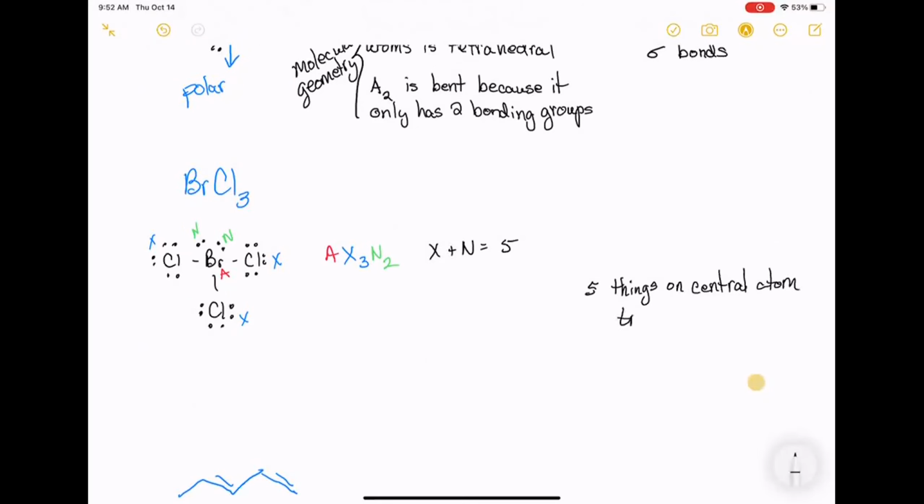They take on a trigonal bipyramidal structure. So you have your central atom to which you have 2 axial and 3 equatorial atoms.